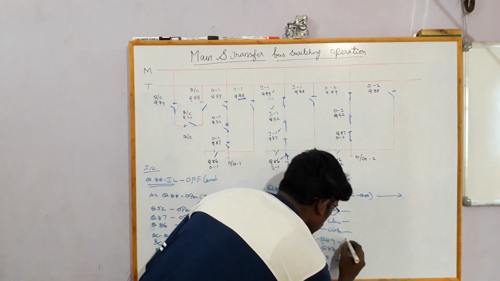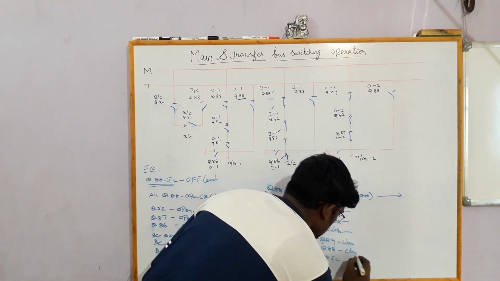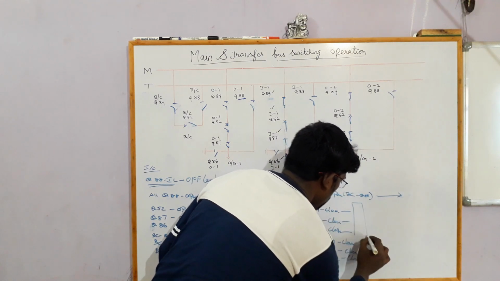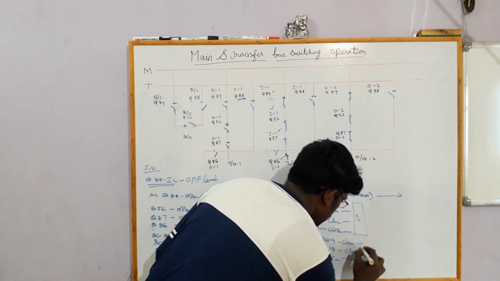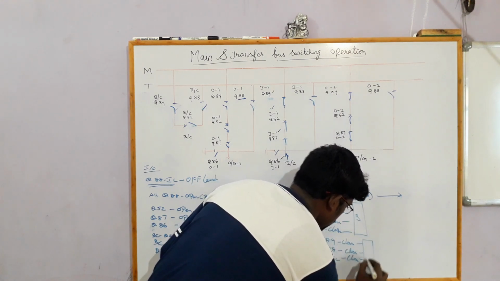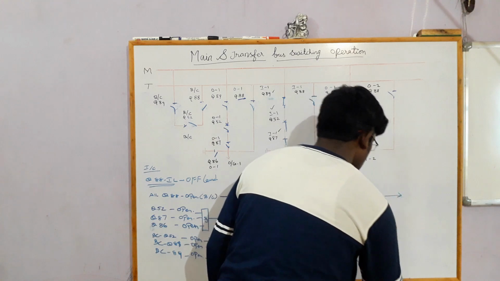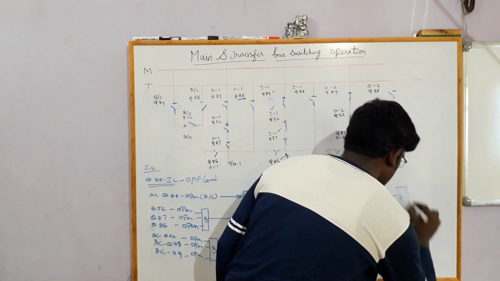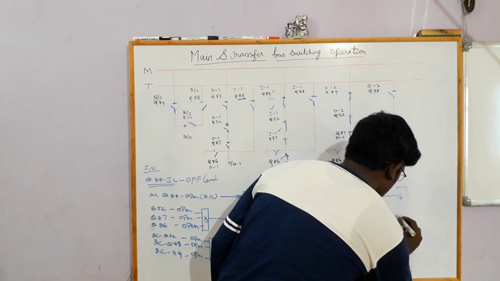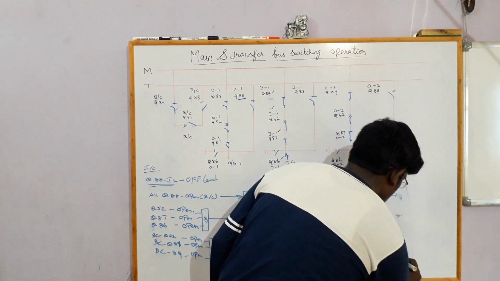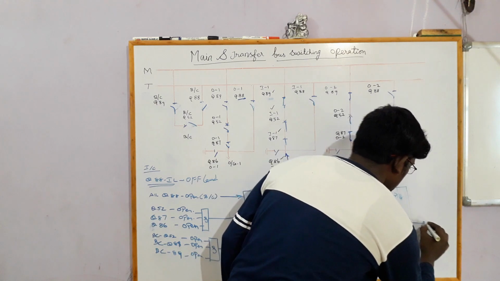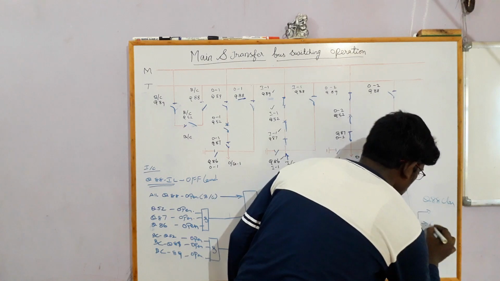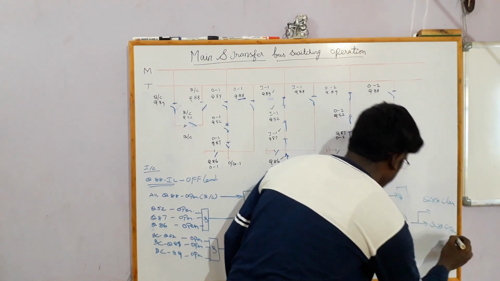This should be closed. We should have AND, and we have to take all this in AND, and we can have the interlock Q88 close, Q88 open.